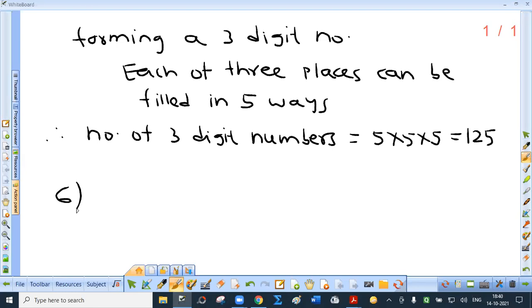A letter lock contains 3 rings, each containing 5 different letters.